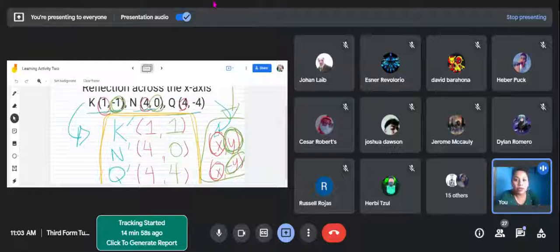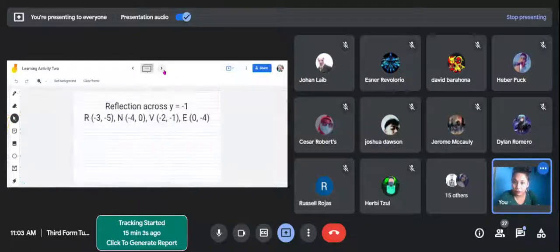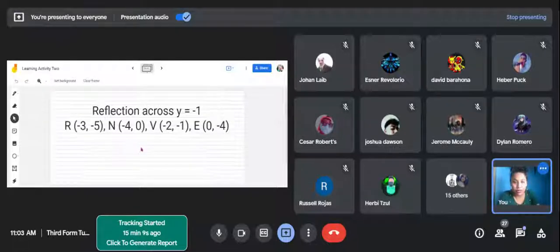So can I move on to the second one? Yes, miss. Okay. So now when we have this question here, it says reflect across y equals -1.